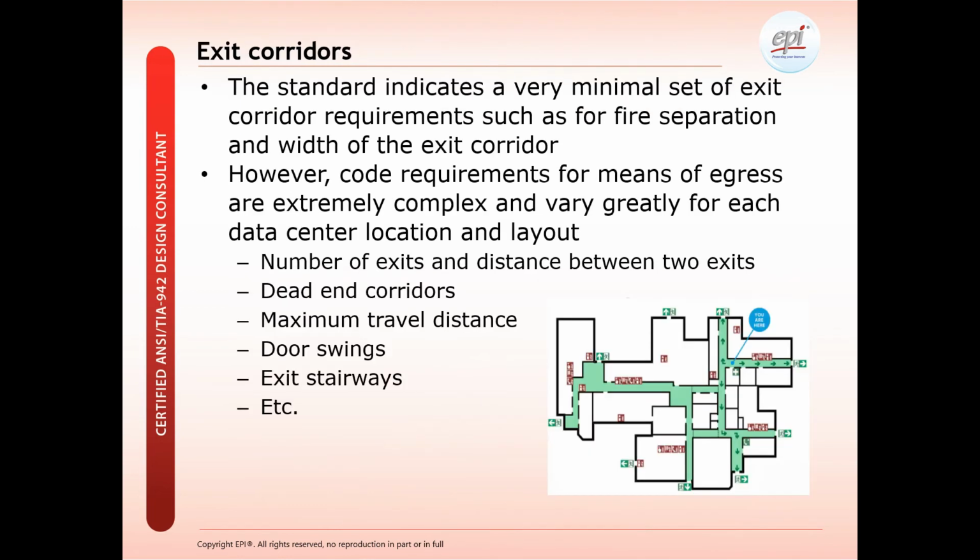TIA gives us a minimum set of exit corridor requirements, such as appropriate fire separation and an appropriate width for the exit corridor. However, for something that seems simple, the means of egress are complex laws and codes, so we need to ensure that we have a strong understanding, and as a designer, make sure you also use your subject matter experts in these areas.